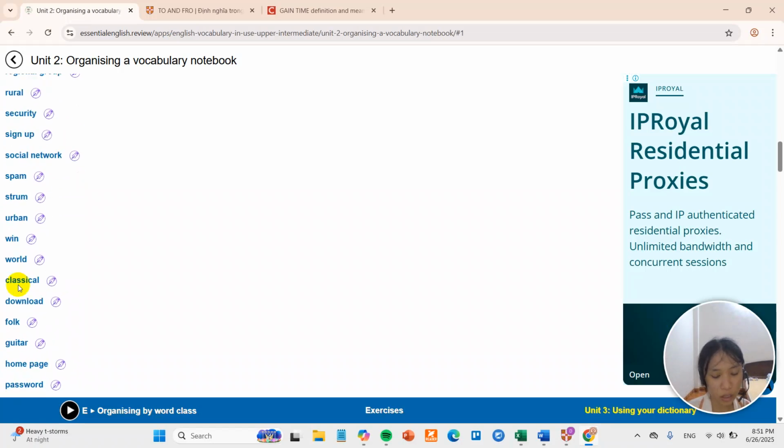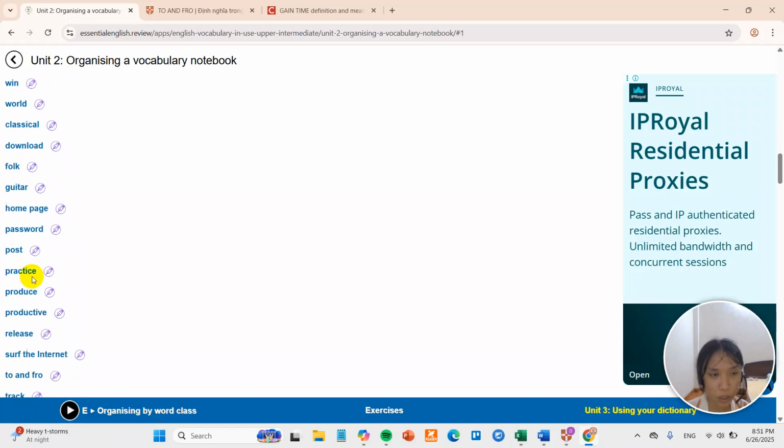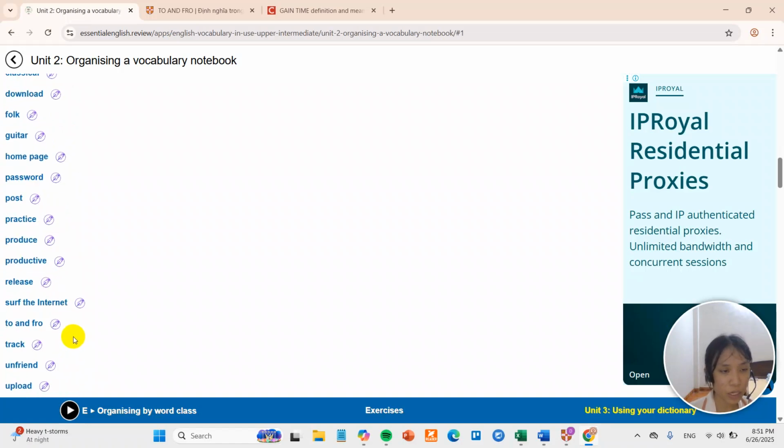World, it is a kind of music. Download, folk, guitar, homepage, landing page. Password, post, practice, purchase, productive. Release an album, surf the internet.